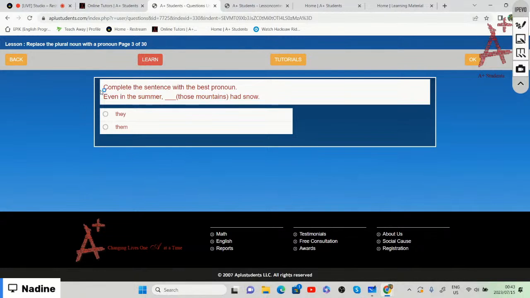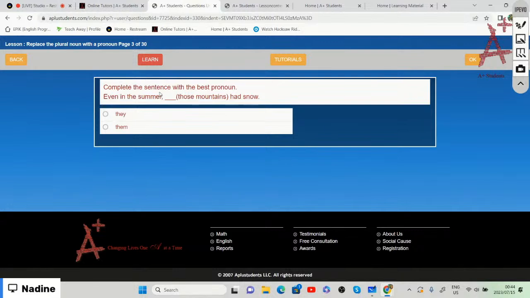All right, then we say, even in summer, those mountains had snow. So even in summer, those mountains had snow. We need to replace the noun with a pronoun. It's either they or them for those mountains.